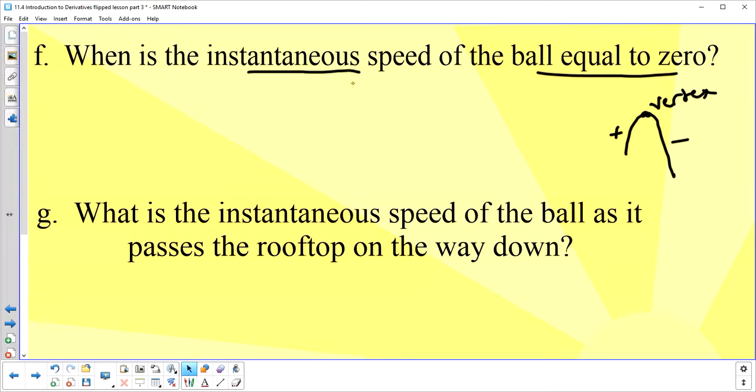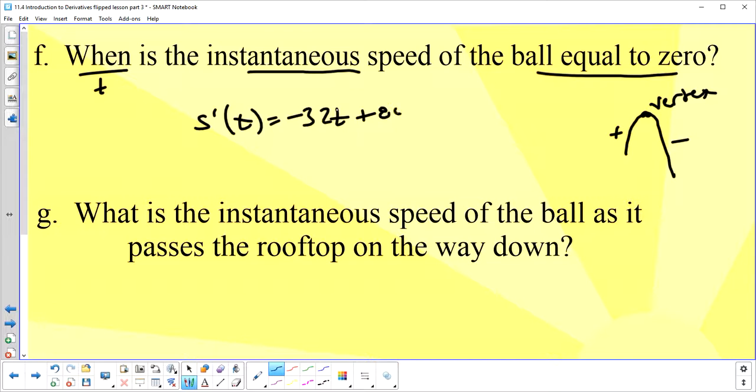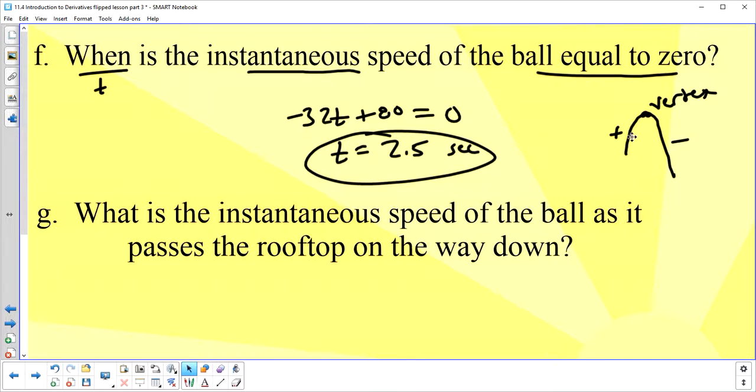Again, we're looking for when, and we're talking about instantaneous speed, which means we need to find t when our instantaneous speed actually equals 0. So we need to use that equation. Solving for t, subtracting 80, dividing by negative 32, we would end up with 2.5 seconds, which means it takes 2.5 seconds to get here to the top where it kind of has 0 motion, pauses midair for a second, and then we come down negative.